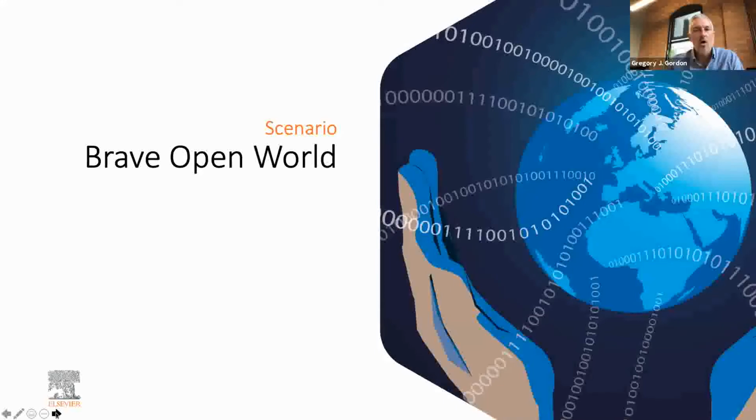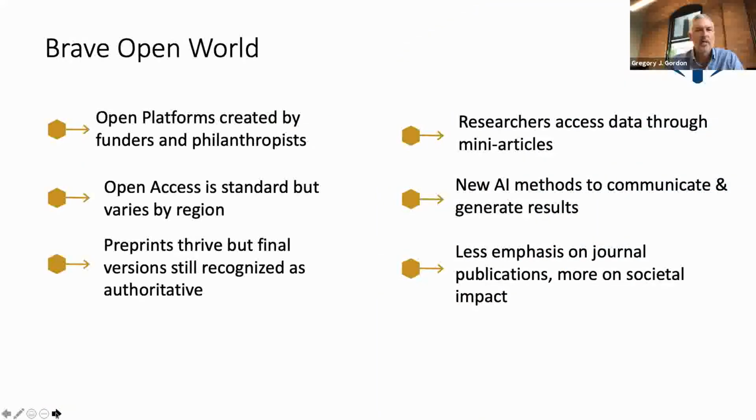So the brave open world asks what this research ecosystem would look like in a decade from now if we were to imagine the possibility of open platforms. Basically, open access was the standard. Now, it certainly would vary by region. So maybe Europe is mostly gold, while North America and Asian Pacific would be more green. But basically, we would have open access as the standard.